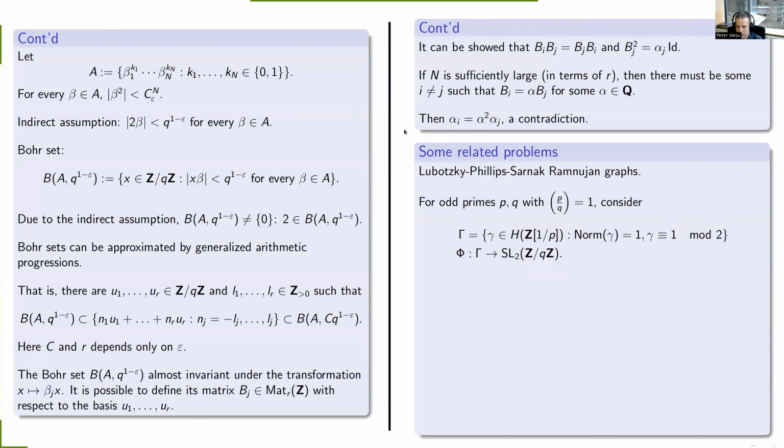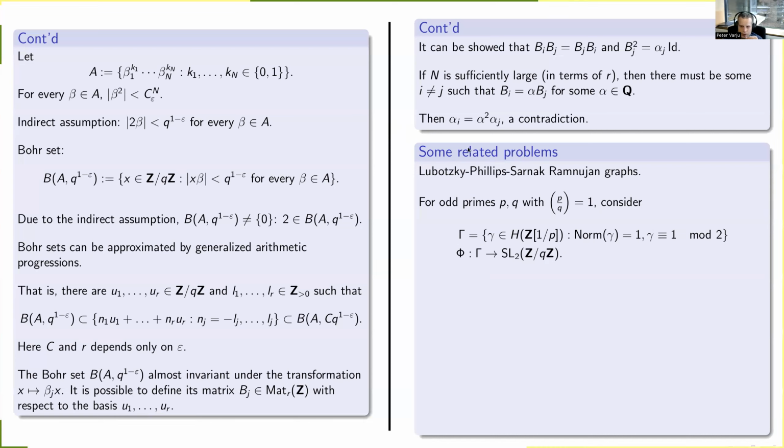And now let me just briefly mention a few analogous problems which arise from trying to quantify various other cases of strong approximation, which are interesting problems.